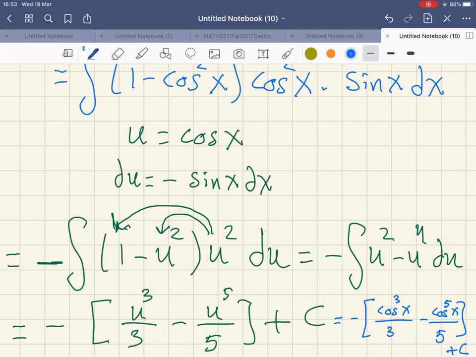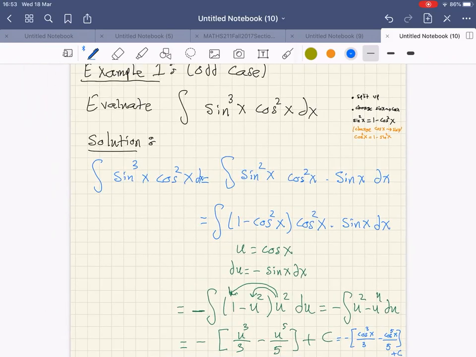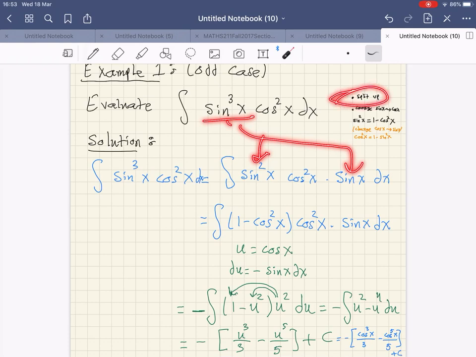That's what we need to do when we have the odd case. So just a quick recall of what we did. If we have an odd case, meaning the power of sine or cosine is odd, it doesn't matter which one, if the sine is odd, we take one of the sine here. So what we get is sine squared. We call this the split up.